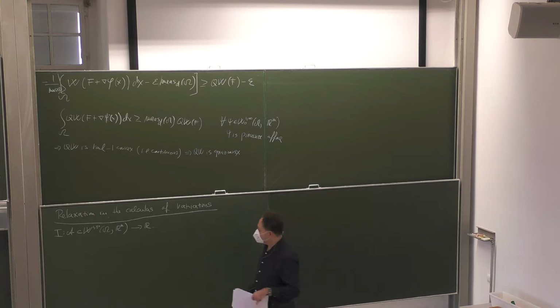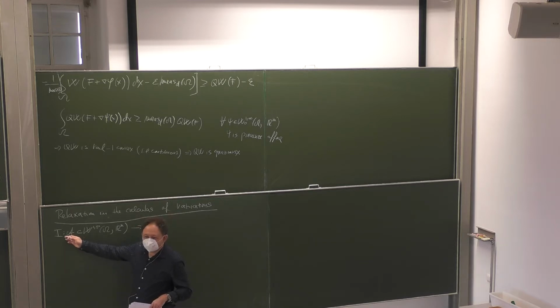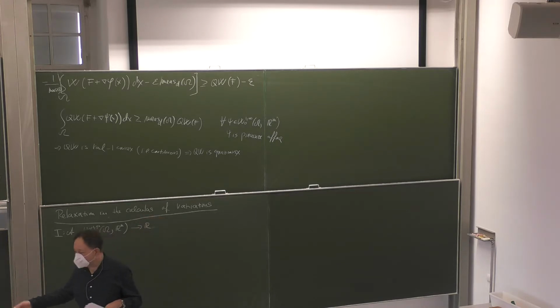But let's take that I takes only finite values, and perhaps this functional doesn't have a minimizer because we cannot prove it. I mean, we know that there are situations where the minimizer does not exist.